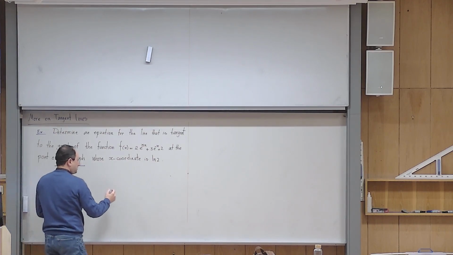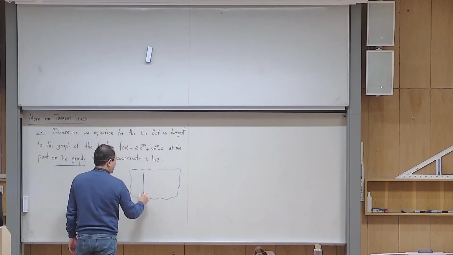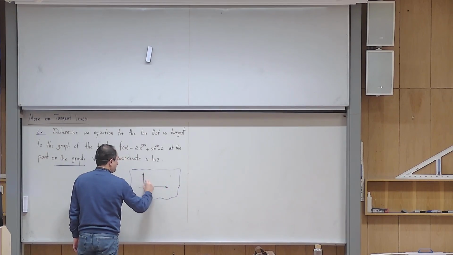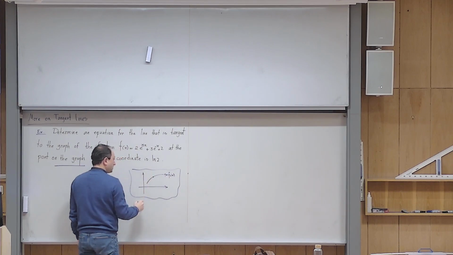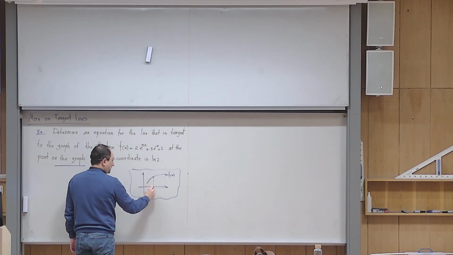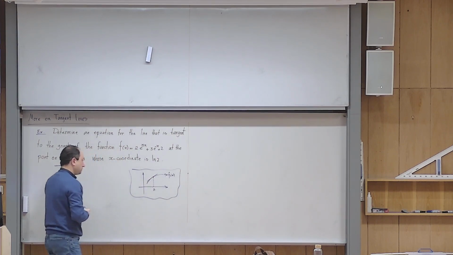This is the typical picture that you should have in mind, yes? So if I have a function whose graph we know, for example, y is equal to f of x, and then we know a point on the graph whose x coordinate is a, my goal is to find an equation for this tangent line here. Of course, the tangent line will continue forever from both sides.